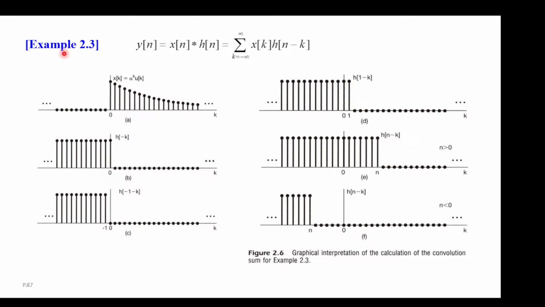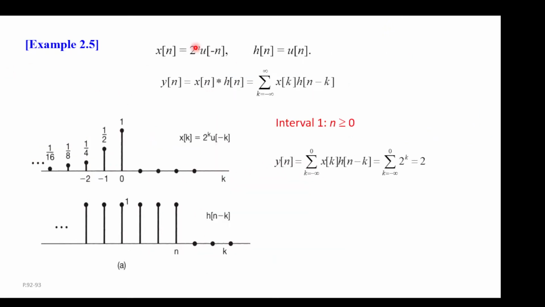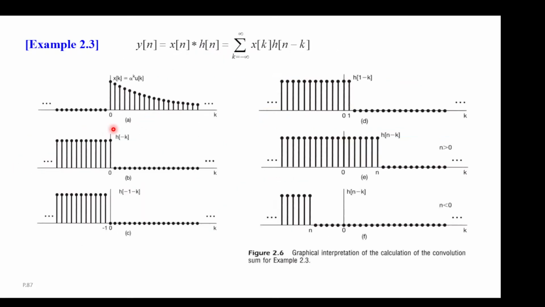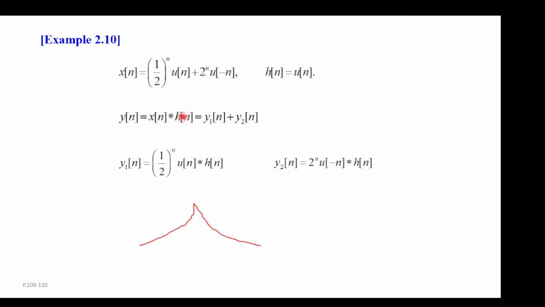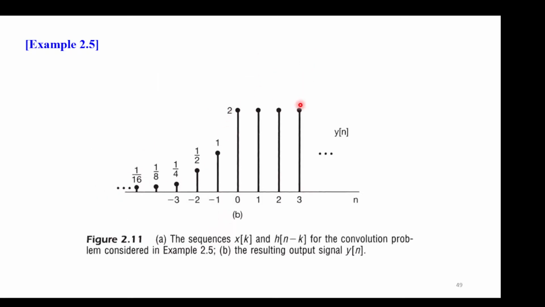So y1 is like this example 2.3, and so we know y1 looks like this. This is a saturating function, and y2 is this exponential growing function convoluted with h, and we know y2 looks like this.